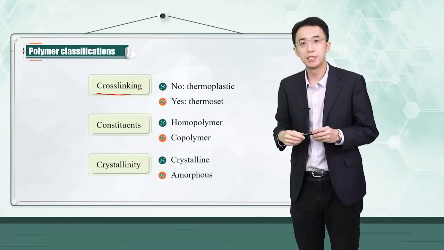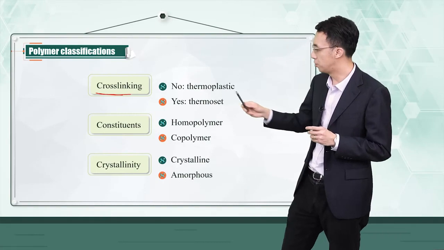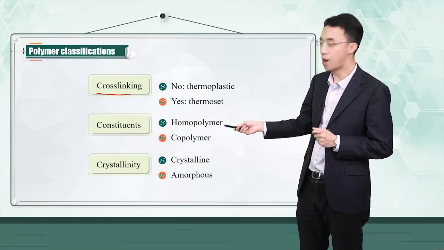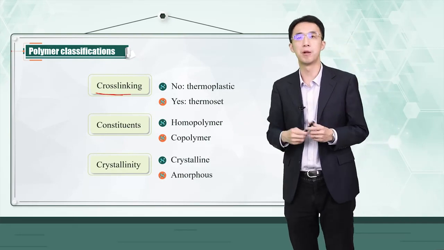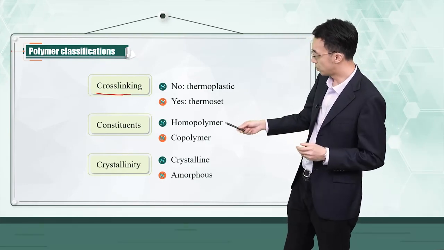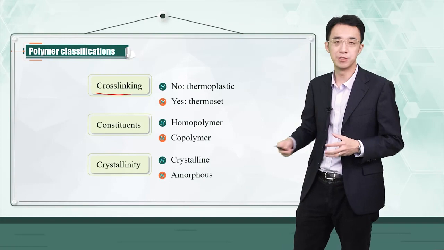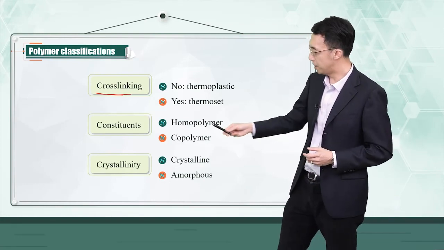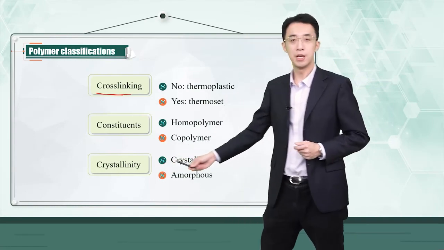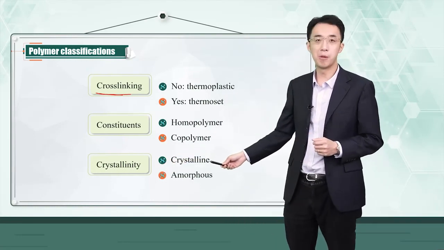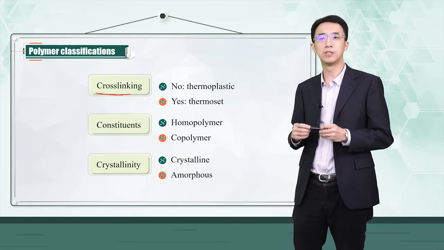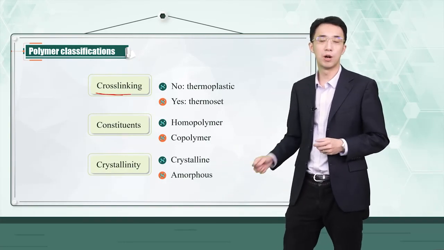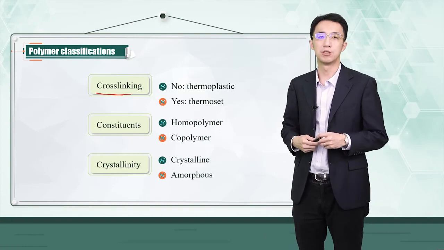If you define different types of polymer by their constituents, you have homopolymer, where all the molecules in the polymer are the same, and copolymer, where you have different types of molecules on the same polymer chain. Depending on the crystallinity, you may have a crystalline polymer, with a regular and ordered arrangement of the polymer chains, and amorphous polymer, where the arrangement of the polymer chains is totally random.